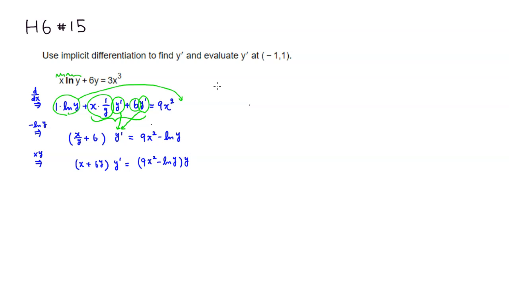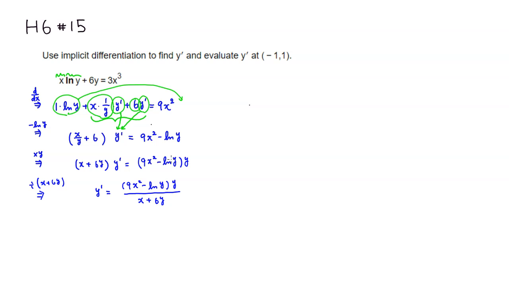Then we can simply divide through by the quantity x plus 6y. So y prime is equal to 9x squared minus natural log of y, times y, over x plus 6y.